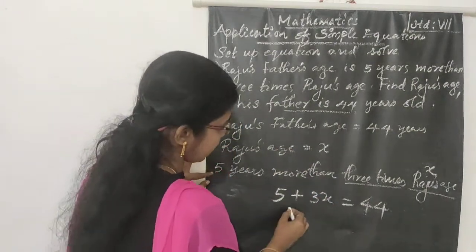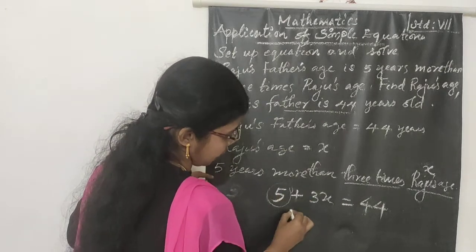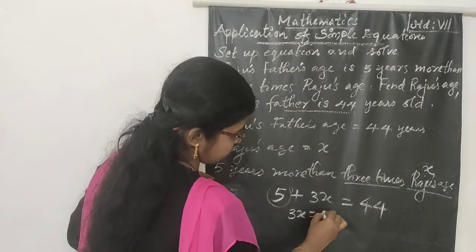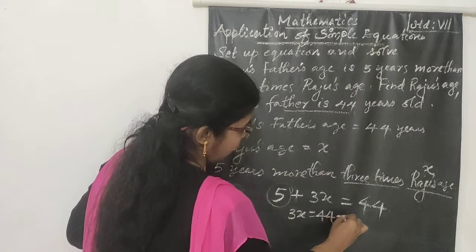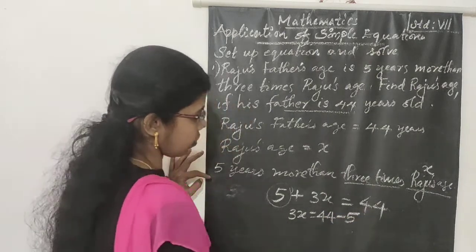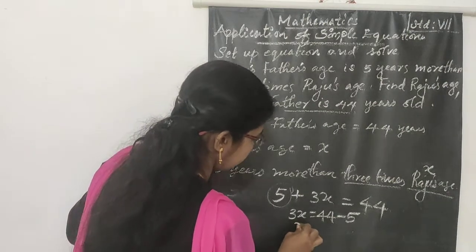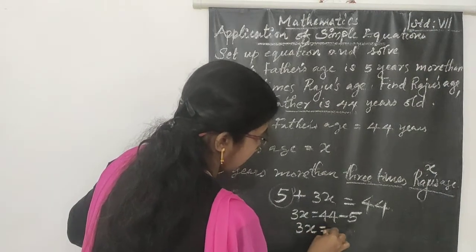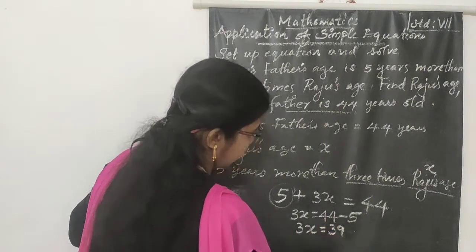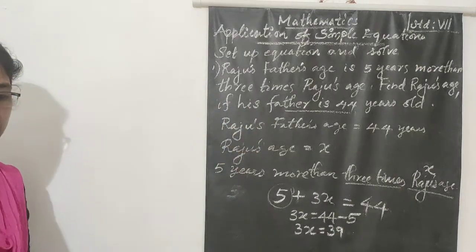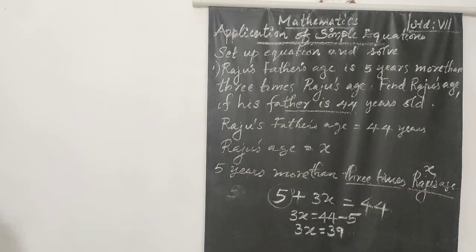Next step, transpose 5. It is 3x equal to 44 minus 5. What is 44 minus 5? Yes, 39. That means we get 3x equal to 39.